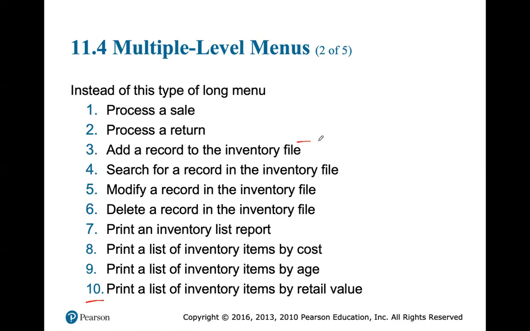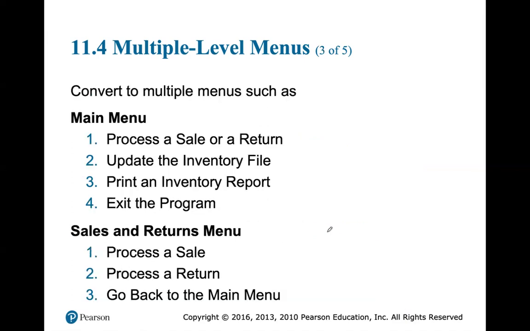As you can see, these 4 only work with inventory files: add record to inventory file, search for a record, modify a record, delete a record. Now, these 3 all work with inventory items: inventory items by cost, by age, by retail value. So what that is telling me is that I can group this one long menu into a main menu and submenus.